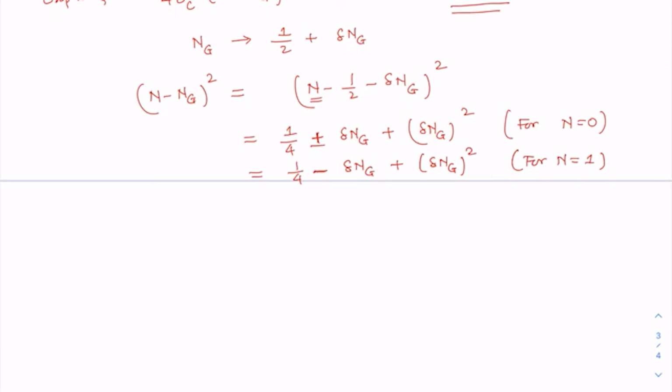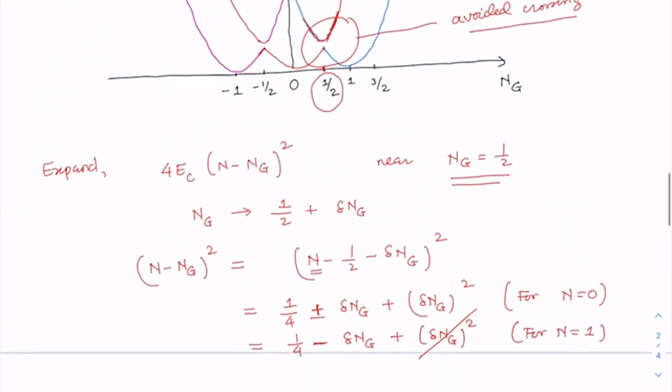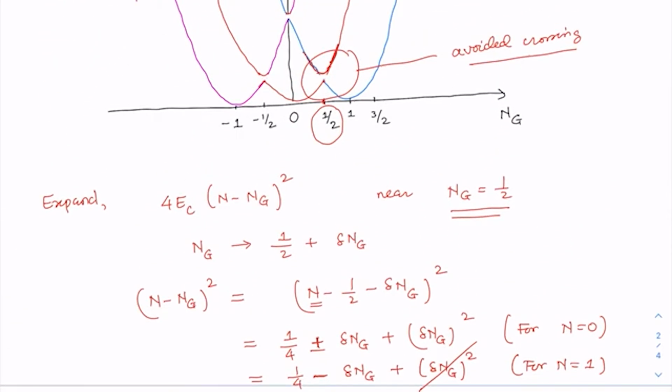Okay, we are going to neglect this delta Nz square term because we'll focus only on the linear term, that is the linear curvature around delta Nz is equal to half. So we will just focus near this region only, the linear curvature region.